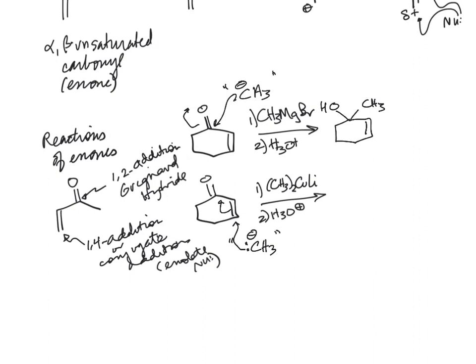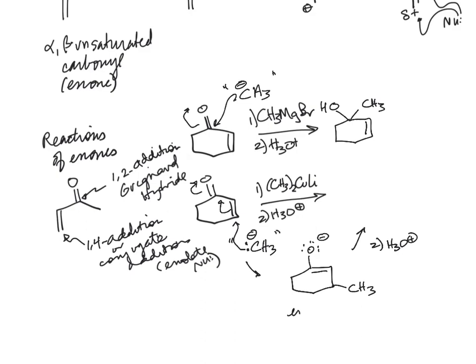Now, what happens when I attack the beta carbon? I can do that because I can push the extra electron density up onto the oxygen atom. That's a good place for the negative charge to go. Okay, and now when we think about that second step, when we do our workup, where am I going to protonate this intermediate?